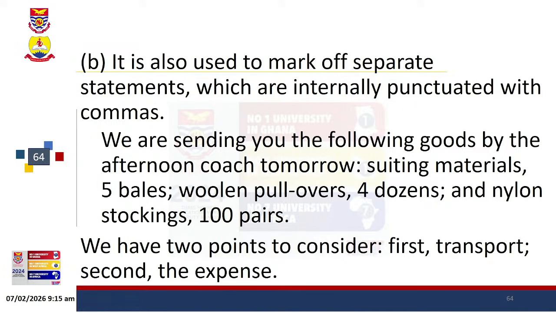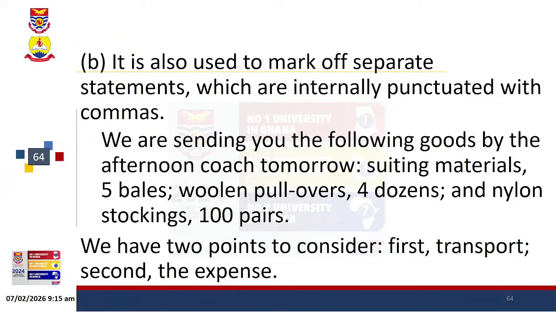How many items do you think have been listed here? Without the use of the colon or semicolon, you may think that there are how many? Suiting materials, 5 bills, woolen pullovers, 4 dozens, and nylon stockings, and 100 pairs. There may be 7 items there.